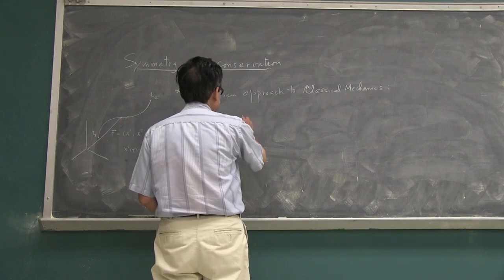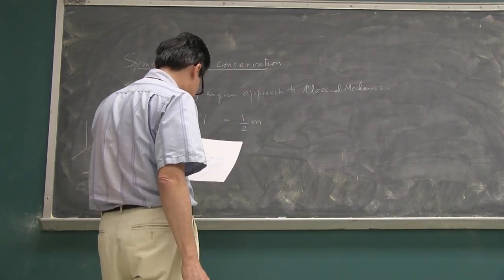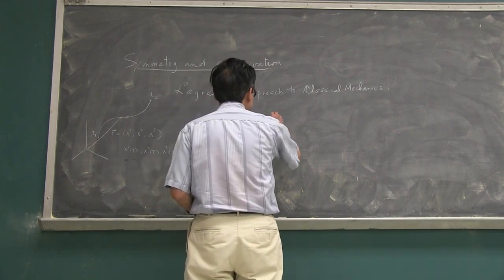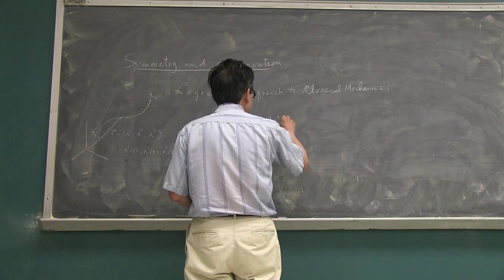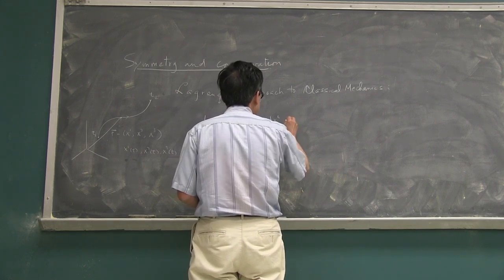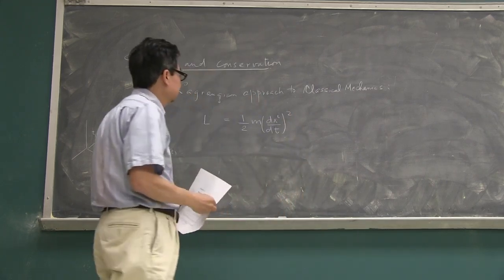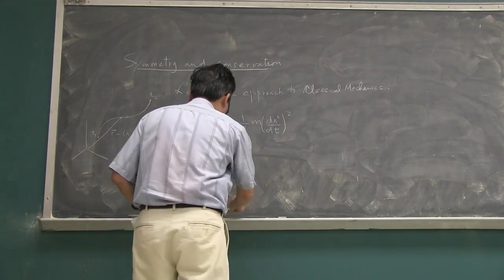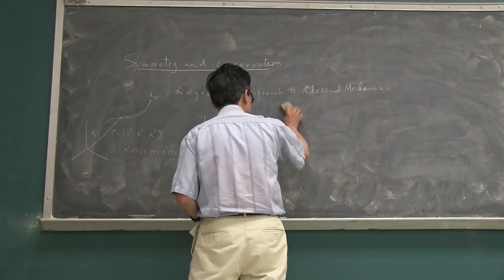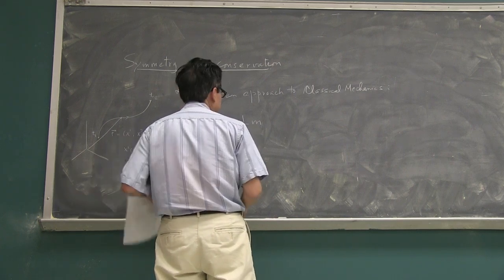So if we are talking about a single particle, the kinetic energy is 1/2 times the mass times the velocity squared. But actually, this square is the dot product of R dot with itself.